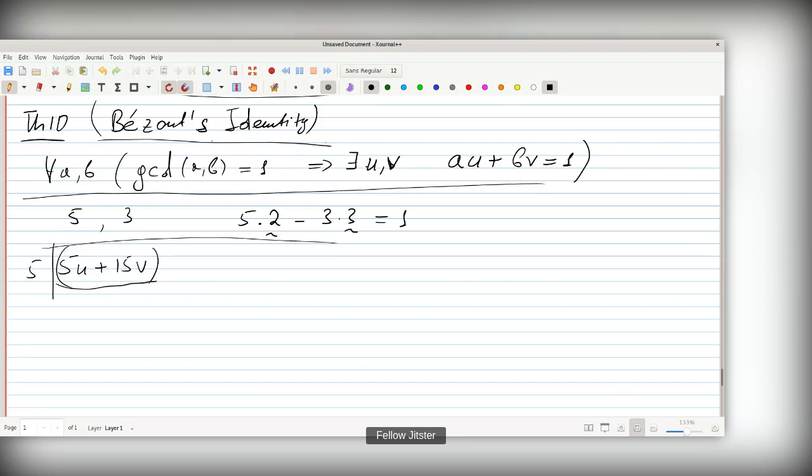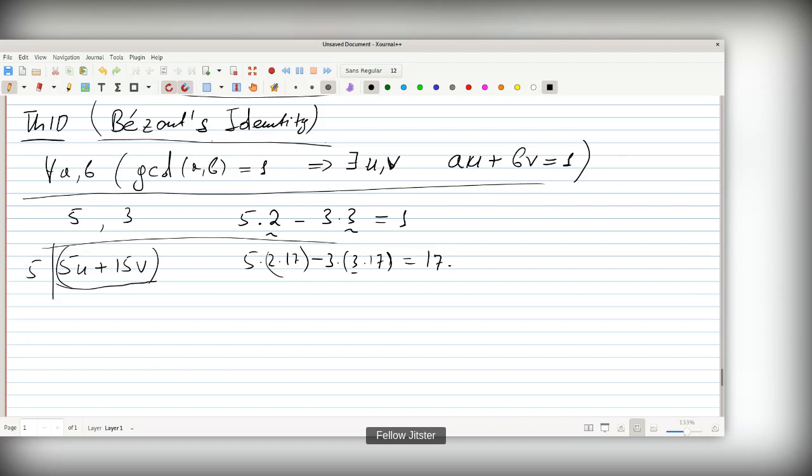And in fact, every other number, so 1 is not that specific. The main idea here is that if you have obtained 1, you can easily obtain whatever number, say 17, just by multiplying this u and v by that number.